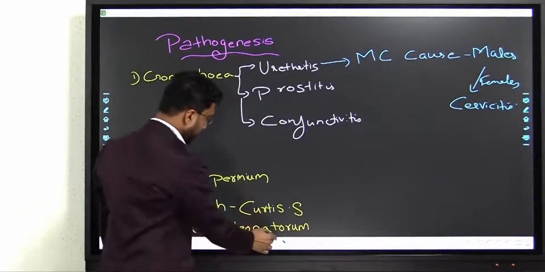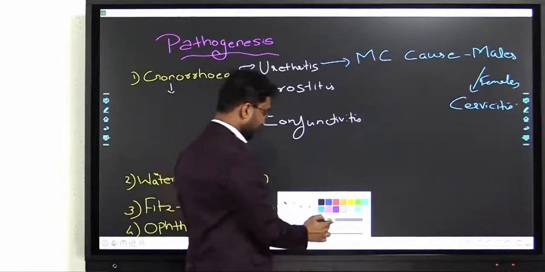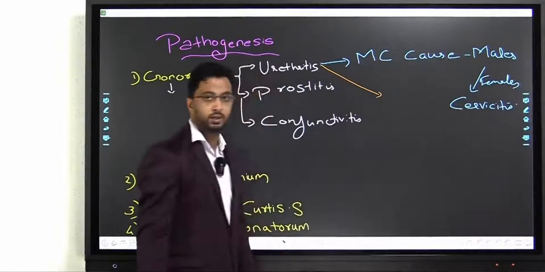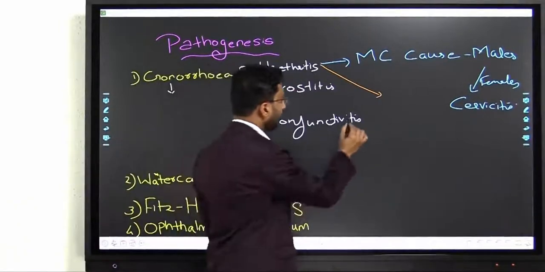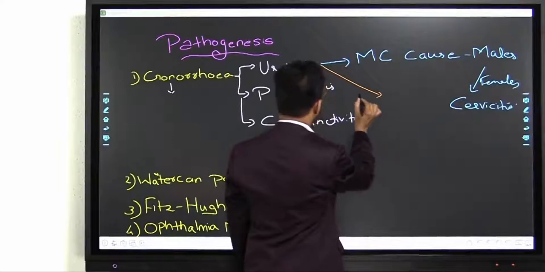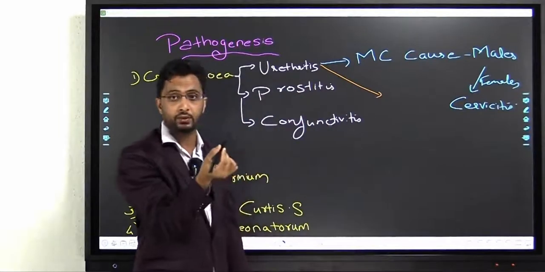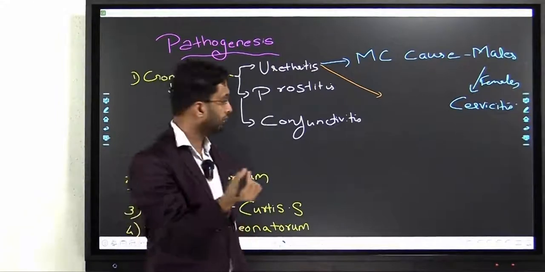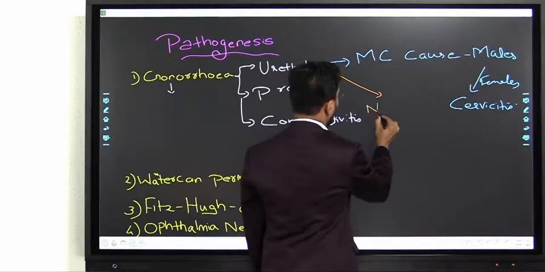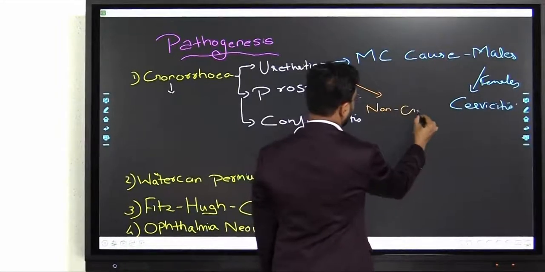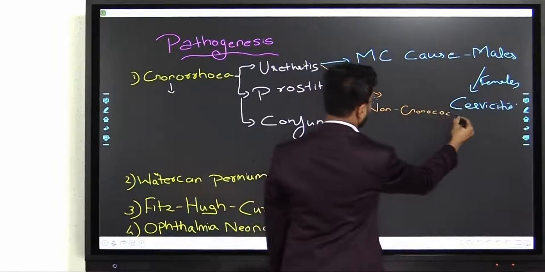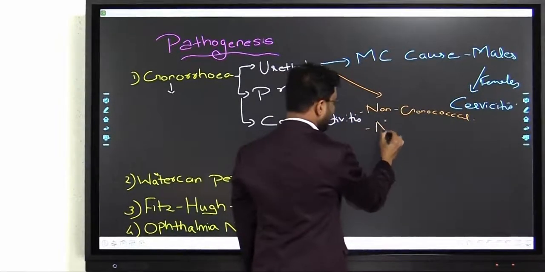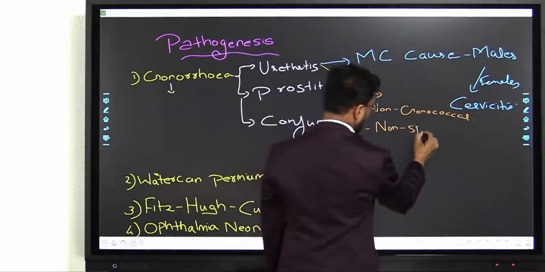Is there any other cause of such infection? Yes, one more thing we have to note here. The second organism which causes urethritis is Chlamydia trachomatis. It's called non-gonococcal urethritis, or non-specific urethritis, since gonococcal is specific.